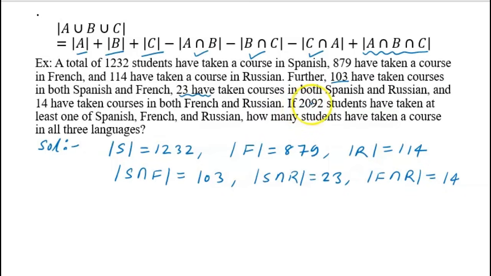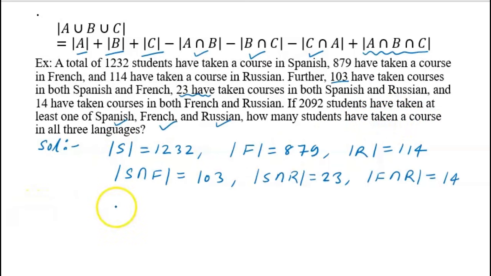If 2092 students have taken at least one of Spanish, French and Russian, how many students have taken a course in all the three languages?